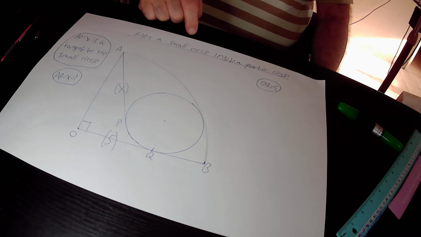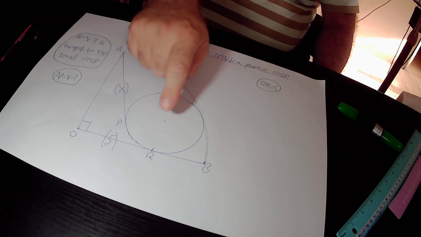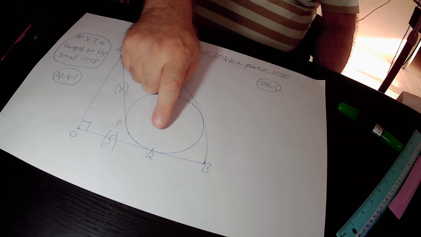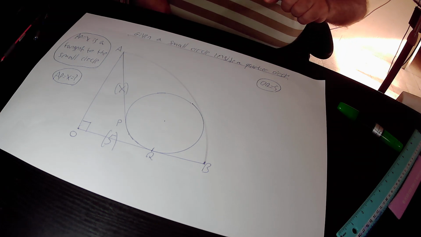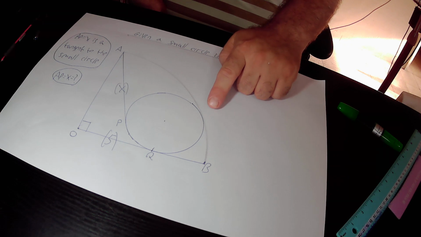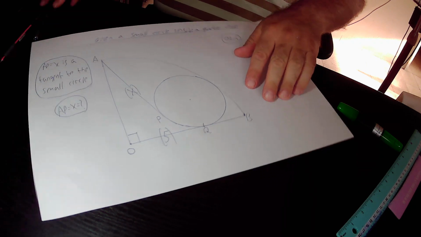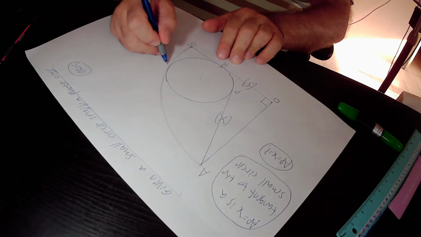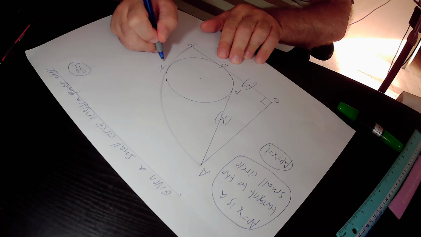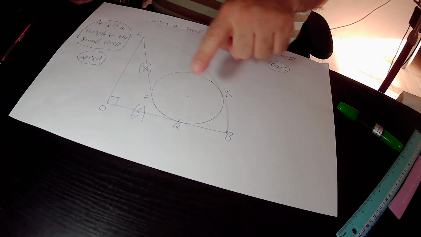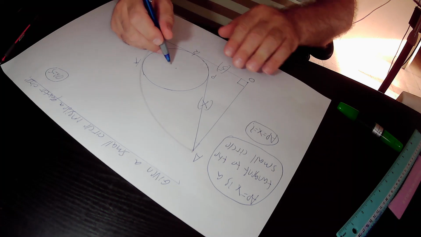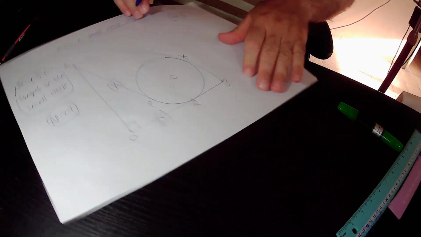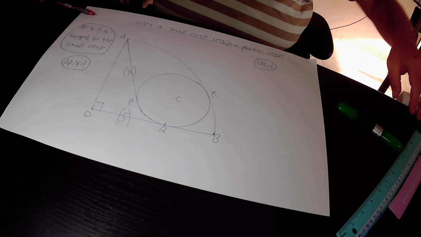The small circle is tangent to tangent OB at point Q, and it also touches the big quarter circle at this point. So when you find the touching point, this point is point K. When you find the center of this small circle, this point is point C. And we will join points C and Q together by a straight line.